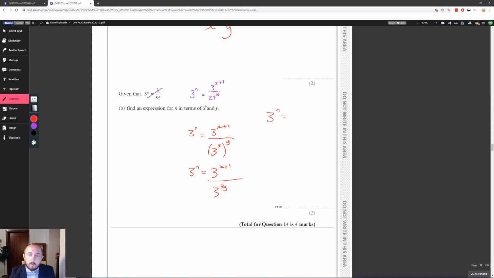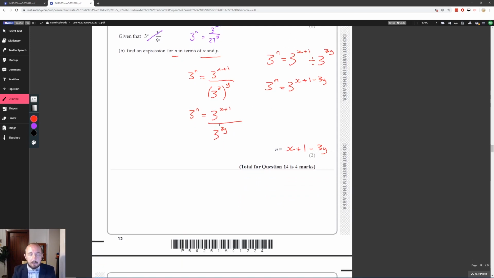And then we're doing 3 to the x plus 1 divided by 3 to the 3y. So we're going to subtract these powers now. 3 to the n is 3 to the x plus 1 minus 3y. So an expression for n in terms of x and y, we can ignore the base now. N is x plus 1 minus 3y, or any version of that that is the same thing.